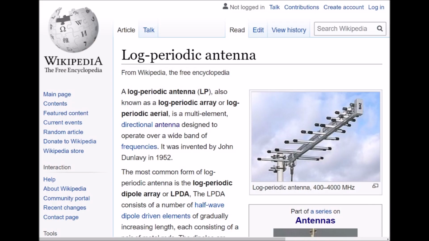A log periodic dipole array consists of a number of dipole elements at different lengths in order to obtain a somewhat directional antenna having an extremely wide bandwidth. The dipole antennas composing it are all considered active elements, since they are all electrically connected together and to the transmission line.